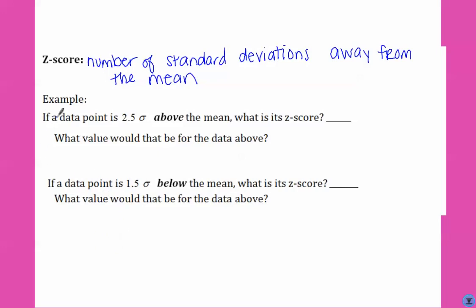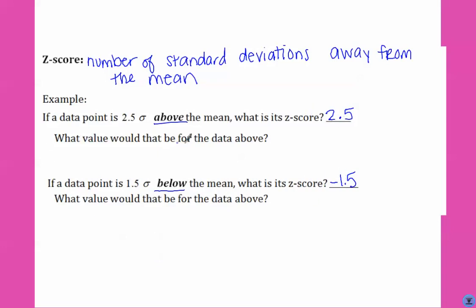So if a data point is 2.5 standard deviations above the mean, it has a z-score of +2.5. If a data point is 1.5 standard deviations below the mean, its z-score would be -1.5. So positive z-scores means it's above the mean, negative z-scores mean it's below the mean.